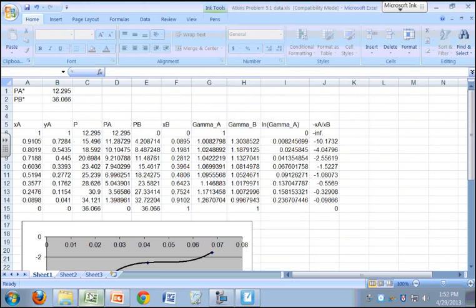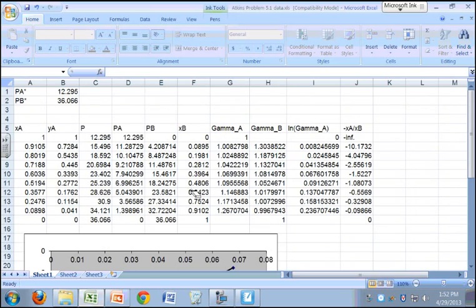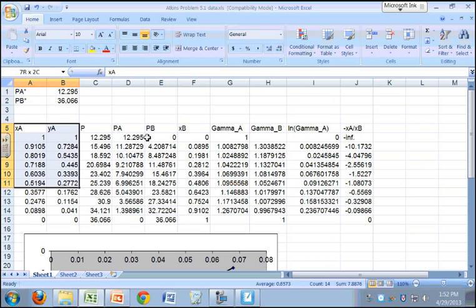Now, let's illustrate that with data from your textbook. An example, problem 5.1 in Atkins: you're given a series of solutions with mole fraction of component A ranging from 0 to 1.